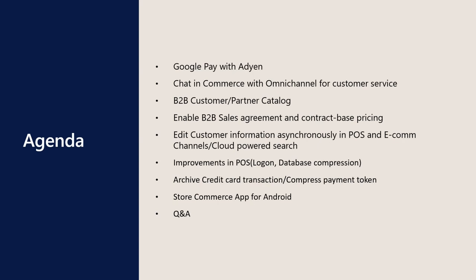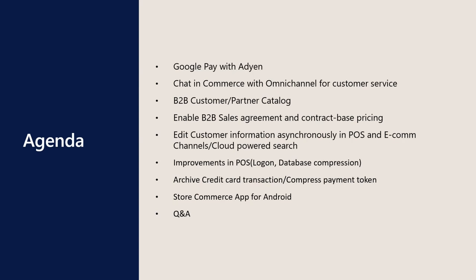After that, we'll showcase some of the new features added in POS and e-commerce regarding Cloud Power's customer search, for searching customers quickly in high volume customer data. And another, how we can edit customer information asynchronously. And then we'll show some improvements we made in POS related to login.